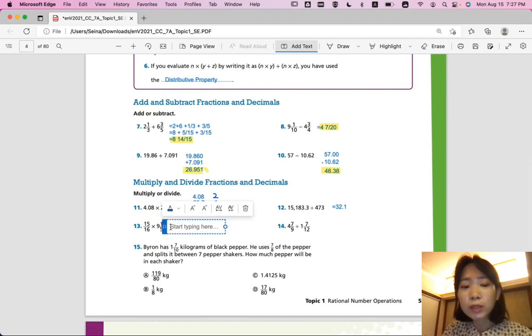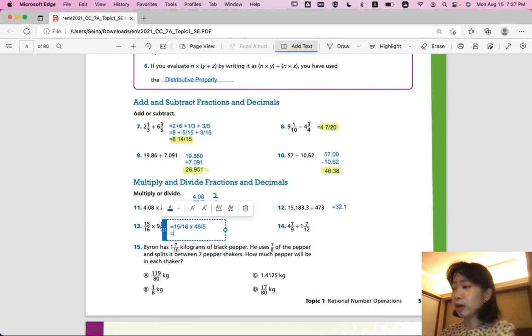Okay, number 13, 15 over 16 times 9 and 1/5. You would change the mixed number into a fraction. So 9 times 5, 45, plus 1 is 46. And that should give you a big number, which you can simplify.